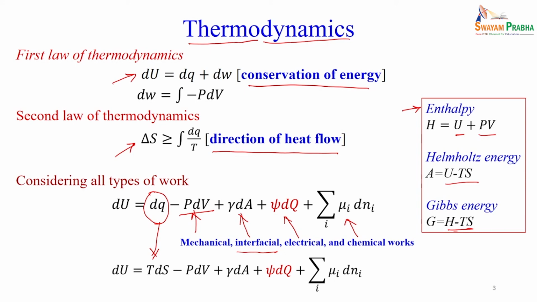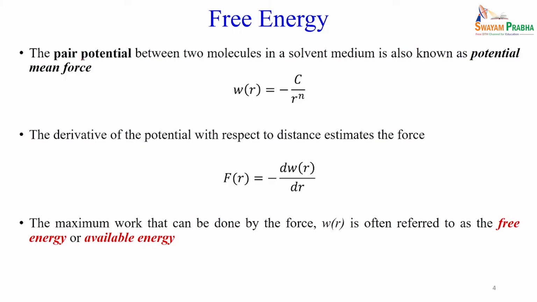Now, let us go back to the intermolecular forces, or you can say the free energy. The pair potential between two molecules is defined as C over r to the power n, where C is a constant and r is the intermolecular distance.